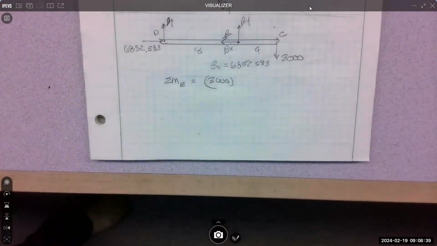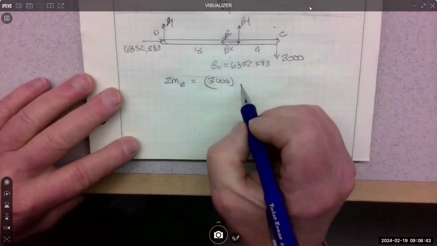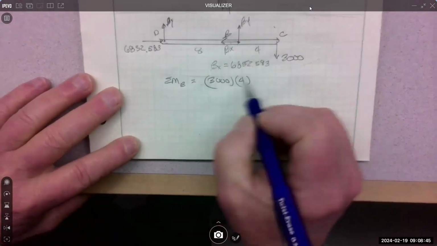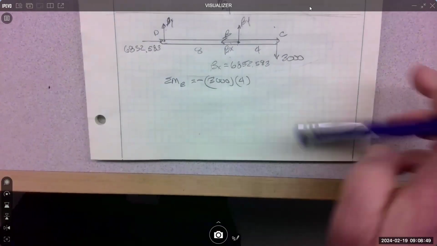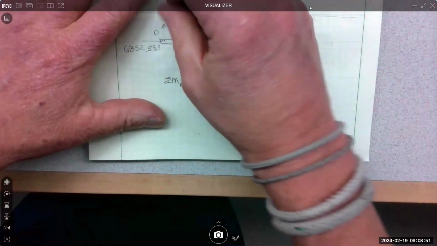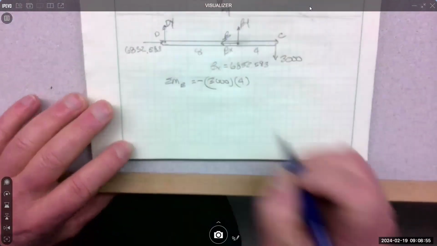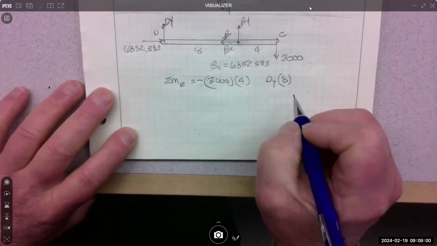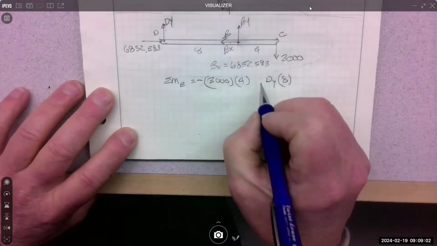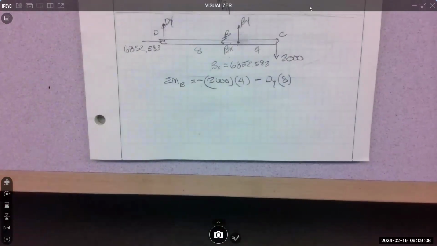So when we're doing that, we can just look at that one member. 3,000 times 4. So that gets clockwise, negative. And DY times 8. And that one looks like it's also clockwise, so that's a problem. You have 2 clockwise rotations.